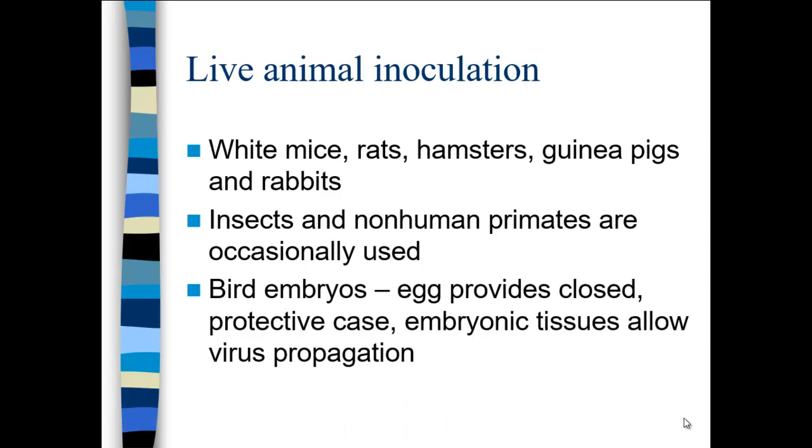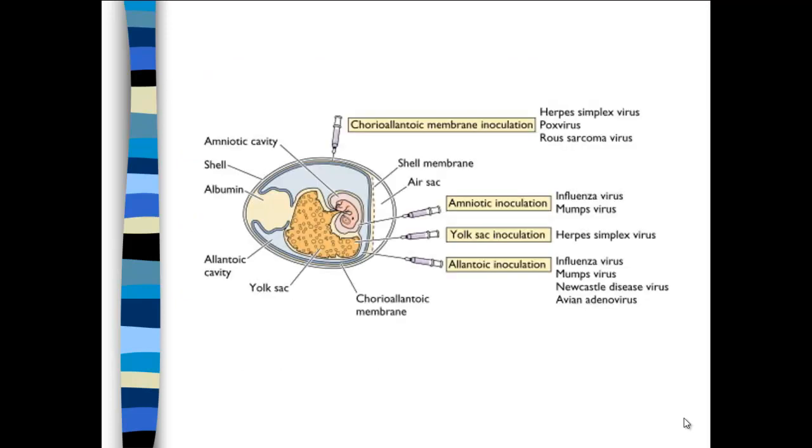For vaccine production, quite often bird embryos are used. Chicken eggs provide a very closed, essentially germ-free case. And as the embryo then divides and propagates, the virus divides and propagates along with it. Okay.